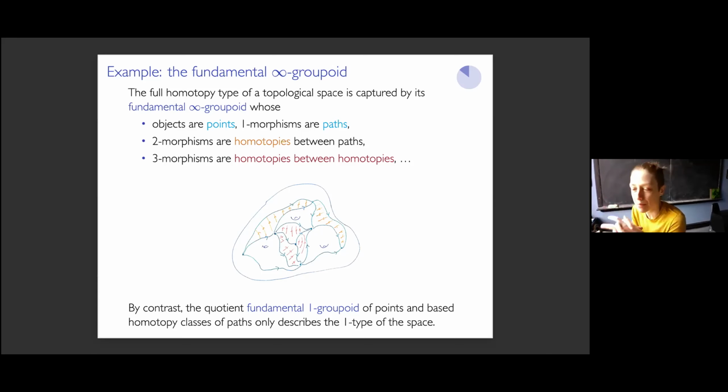Another example of an infinity category that's not an infinity groupoid, maybe relevant to this audience, is the infinity category of n-cobordisms. The objects are closed (n-1)-manifolds, put on whatever adjectives you want. The morphisms are cobordisms between those closed (n-1)-manifolds, with the boundary decomposed into two pieces: the incoming boundary and the outgoing boundary.